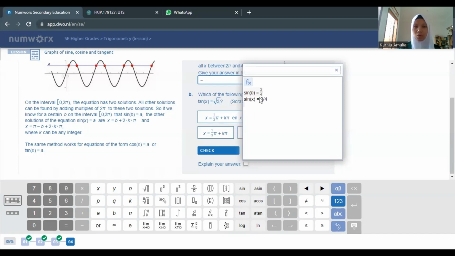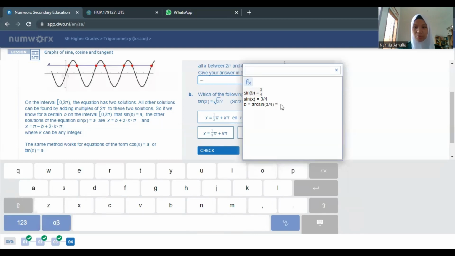So we have to know what b is first. To find b in radians, we use arcsin, and then we write it as arcsin of 3 divided by 4.